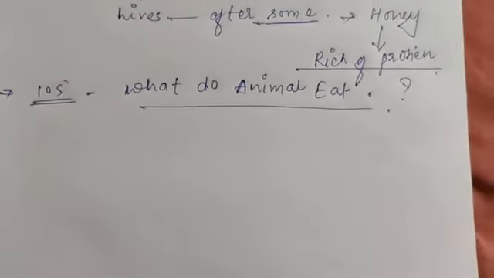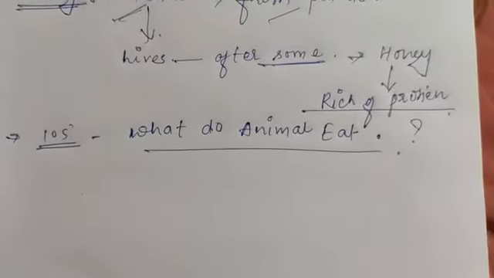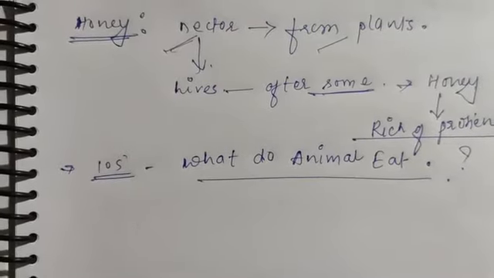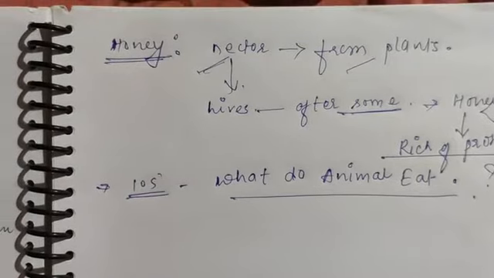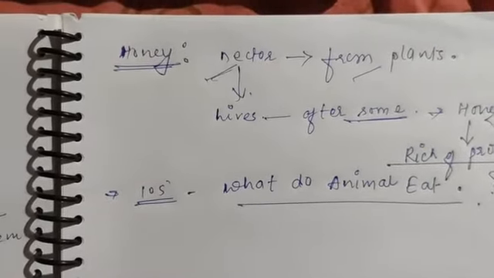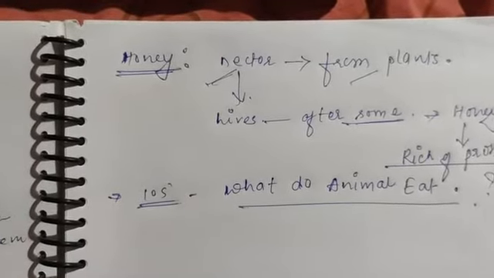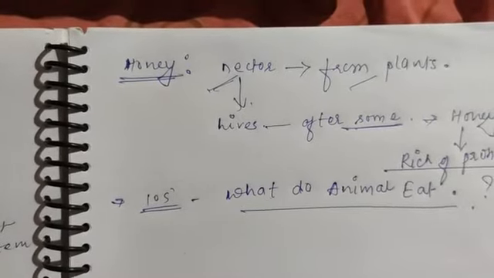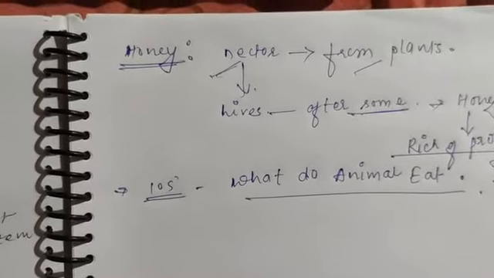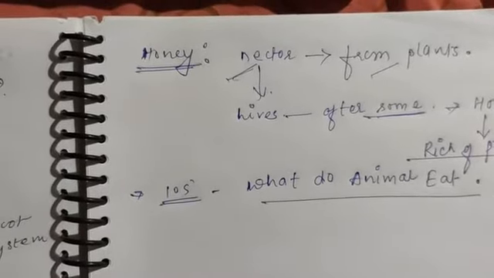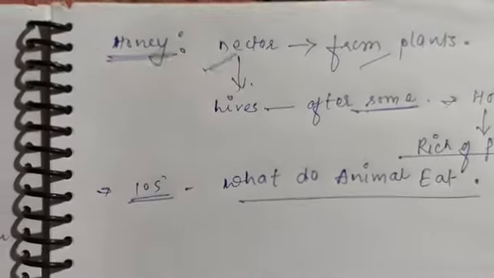As you observe, different animals eat different kinds of food. Some animals take grass as food, some take leaves, some take nuts, some take flesh or meat, and some take insects as food. So we should be aware of these things.